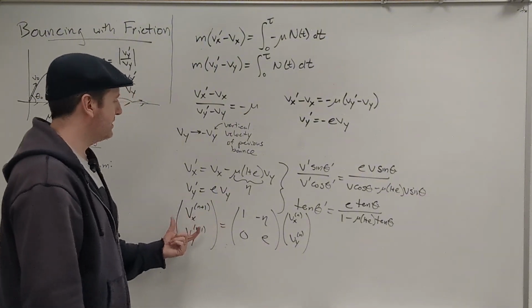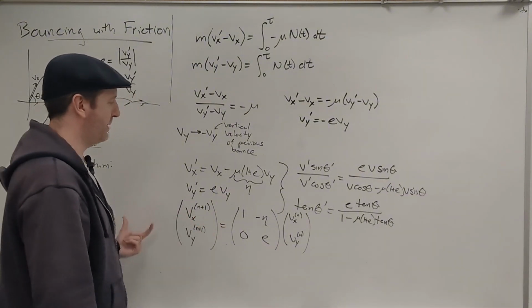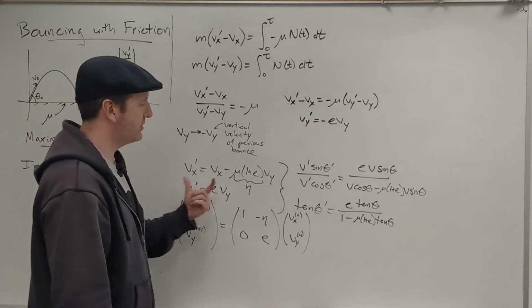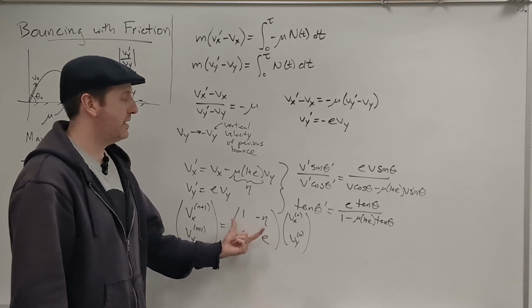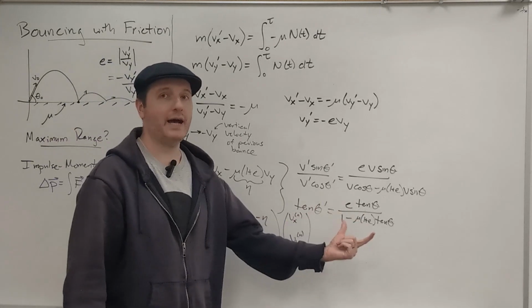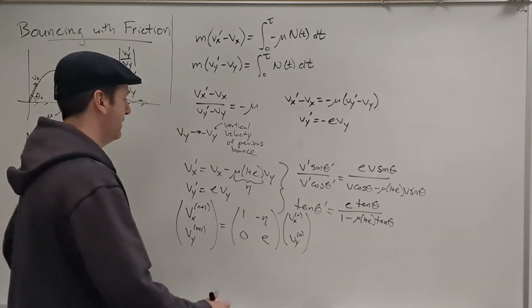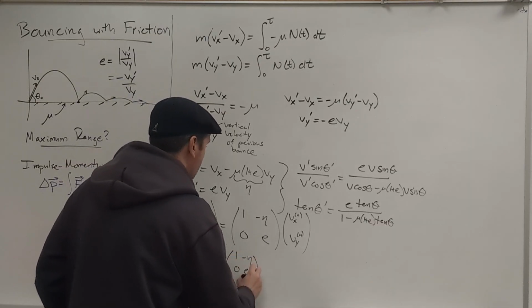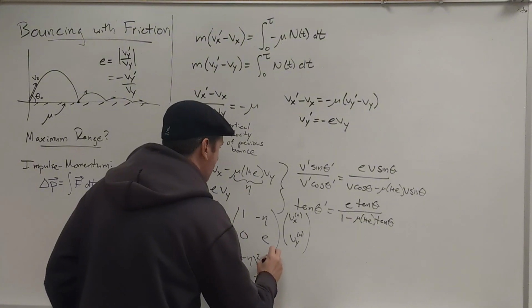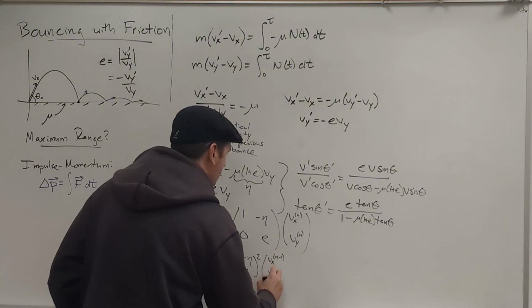And now what we can see is, if I want to get the next bounce, all I have to do is multiply the previous velocity components by this matrix. And then I can trace this back into the past however many times I want. So for example, this will be 1 minus eta 0 E squared if I want to trace it back to the n minus first bounce.